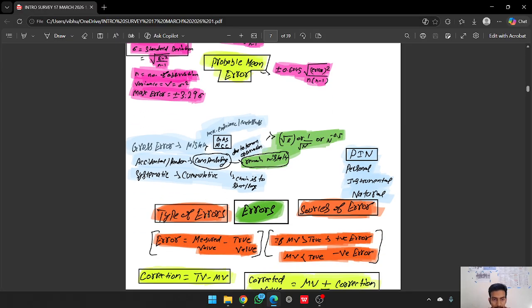Yeah, there are types of error. First, gross error, which is also known as mistake or lack of experience, carelessness. Accidental error or random error is also known as compensative error. It remains a mistake. Its formula is root of 1 upon n, where n is equal to minus 0.5, is the compensative error.